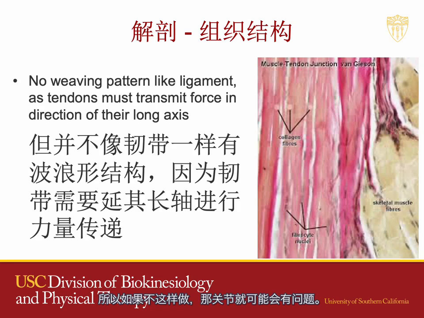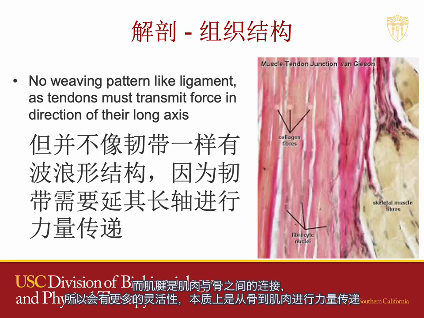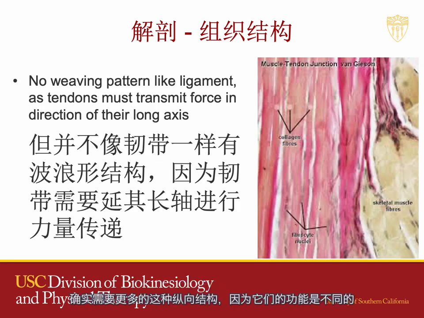If you don't do that, you're going to have issues with the joint. Whereas with the tendon, we're going from muscle to bone, so you have a little more flexibility to transmit force through the muscle to the bone, essentially from the bone moving into the muscle. So we have more of that consistent longitudinal pattern, because what we're using the tendon for is different than the ligament.